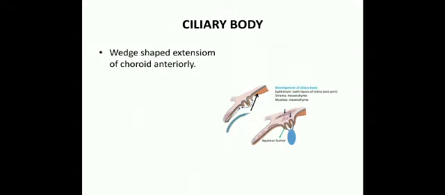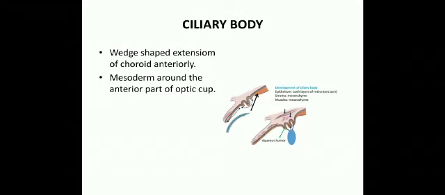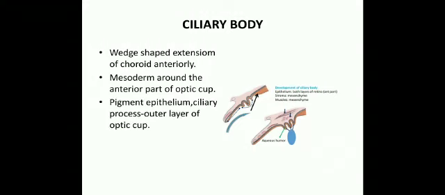The ciliary body is a wedge-shaped extension of the choroid anteriorly. It is formed by the mesoderm around the anterior part of the optic cup. The ciliary muscle and the connective tissue of the ciliary body are derived from the mesoderm surrounding the optic cup.